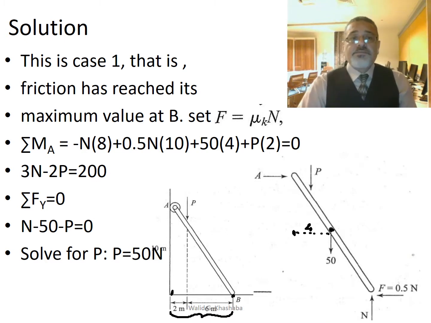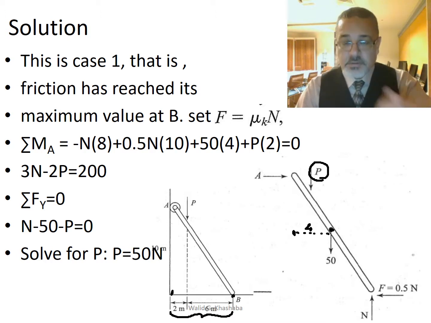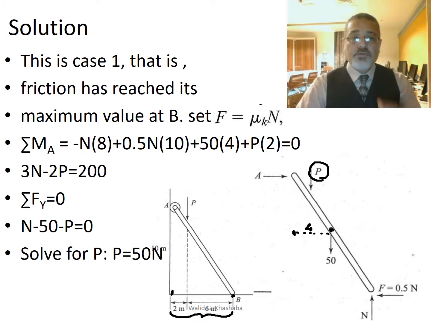Well, this is the first case. We know that there is no motion, and we need to calculate the maximum load that can act at P to initiate this motion.